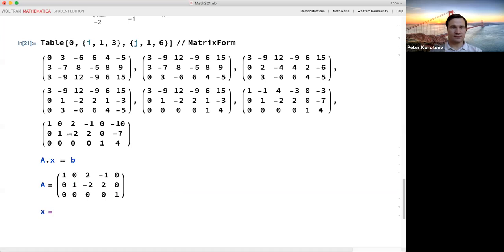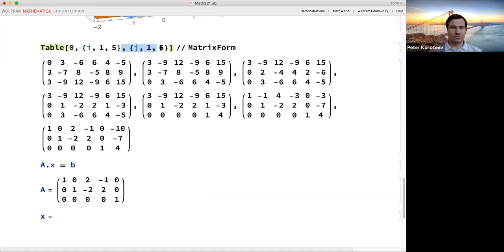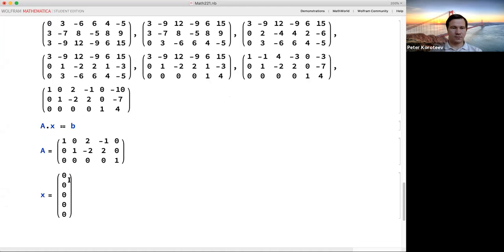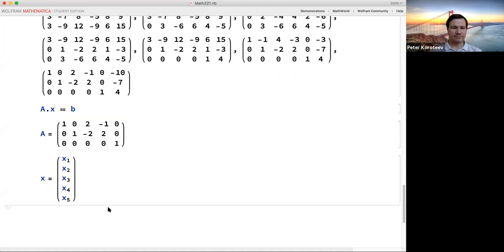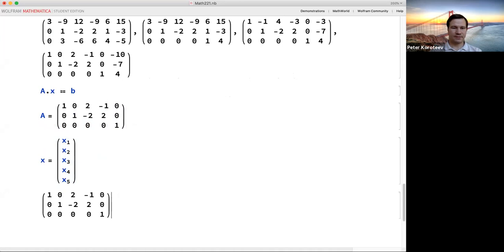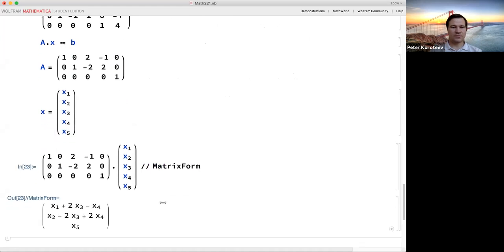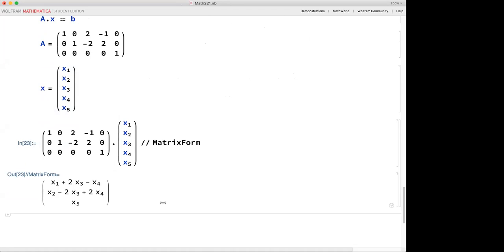So those components are X1, X2, up to X5. And when you take this matrix and multiply it by this vector, you get a column.